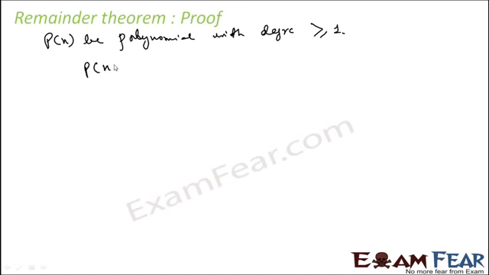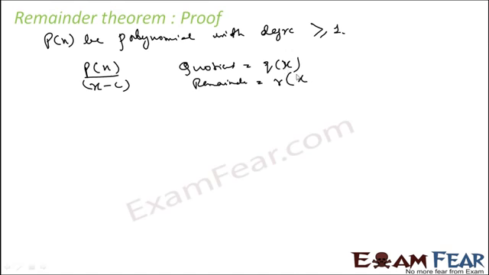I am saying if p of x is divided by x minus c, I get the quotient, let's suppose, q of x, and remainder as r of x.